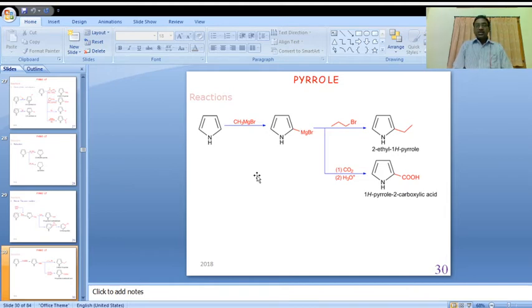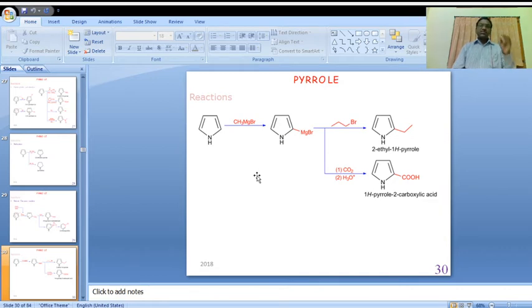This is the intermediate. This intermediate reacts further with alkyl bromide, and in another case with carbon dioxide in presence of hydronium ion.